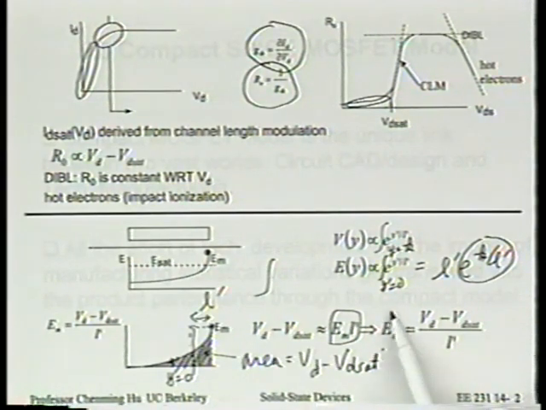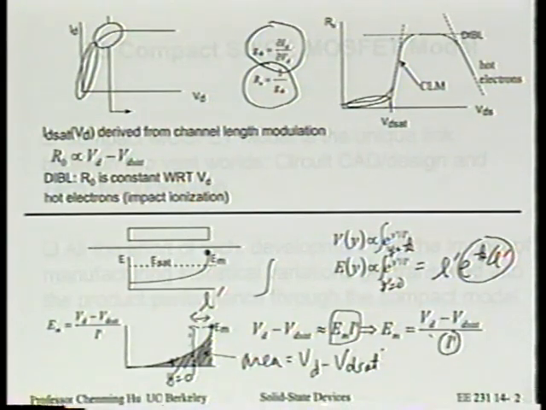Later on, if we wanted to know what the electric field is in the channel, we know it's equal to VD minus VD set over L prime. It's as if VD minus VD set is the voltage drop over this high field region, this pinch-off region, this velocity saturation region, and as if L prime is the effective length of this high field region. Okay? You see what I'm saying?